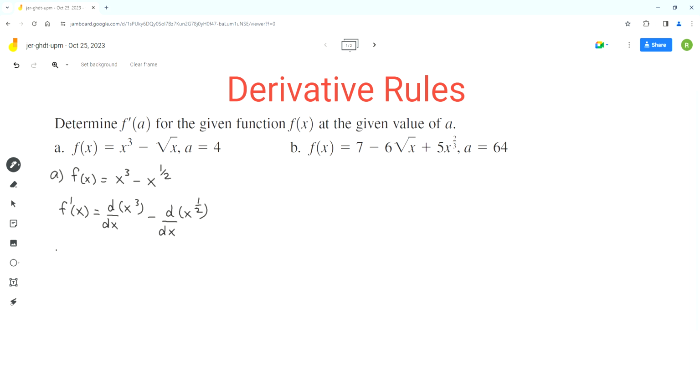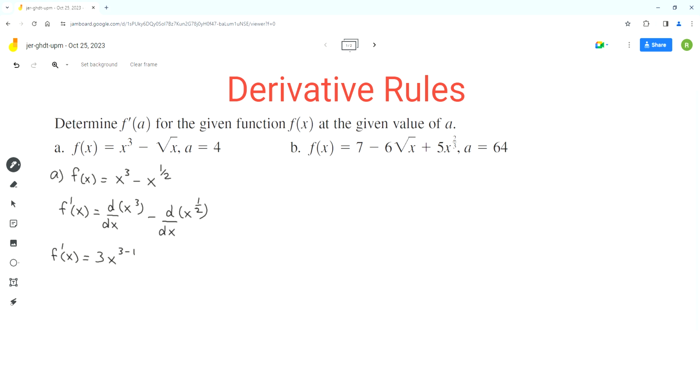Now we can find the derivative of these terms. For the first term, we'll use the power rule. The first step is to bring down the exponent to the front of the term as a coefficient. So we get 3, and then we subtract 1 from the exponent, so x to the power 3 minus 1.